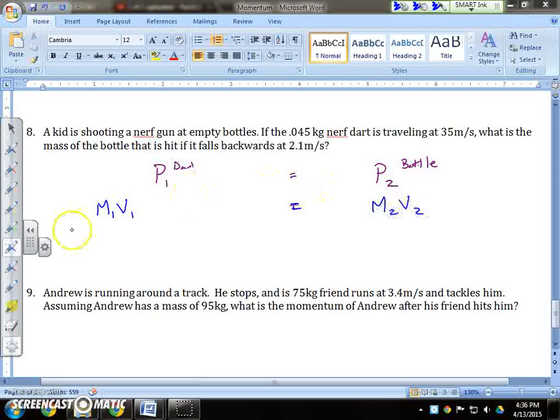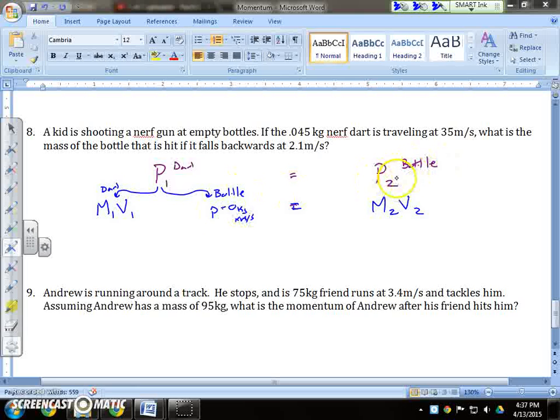M2V2, what we're really saying is that there is another mass here. If this is the dart, you've also got a momentum of the bottle where P is equal to 0 kilograms times meters per second, because it's not moving yet.